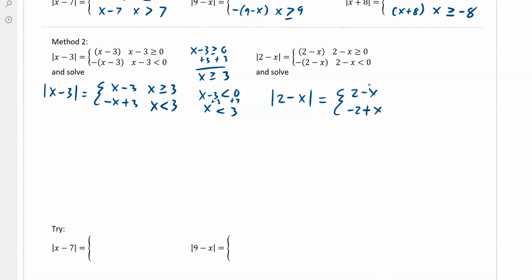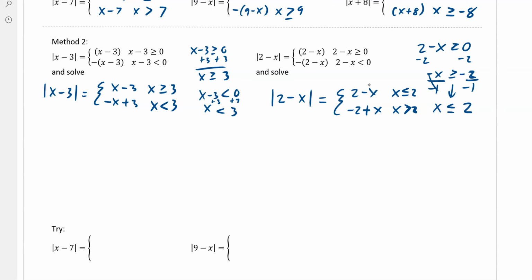Like that. And so for the top one, it's greater than or equal to 0, minus 2, minus 2. And if you remember, if you divide by a negative 1, what happens to the inequality? It flips. So now it's less than or equal to 2. So we write less than or equal to 2. And then you know this one's just greater than 2.